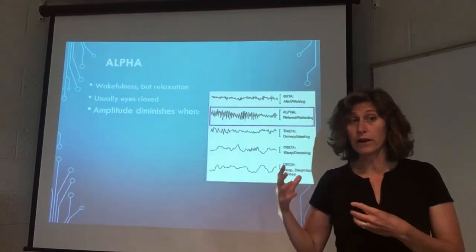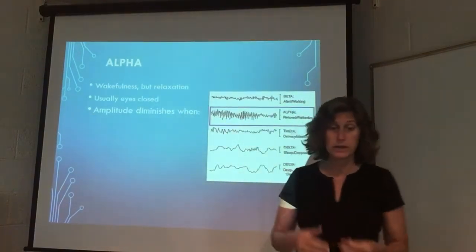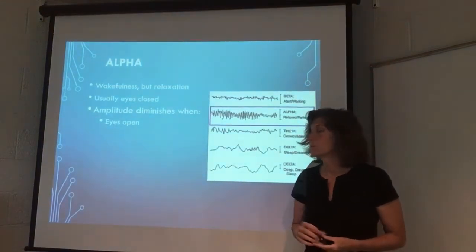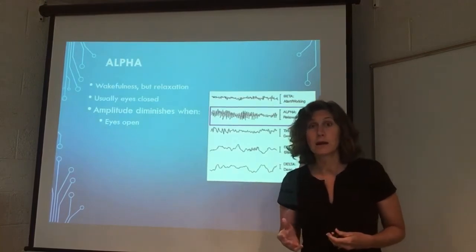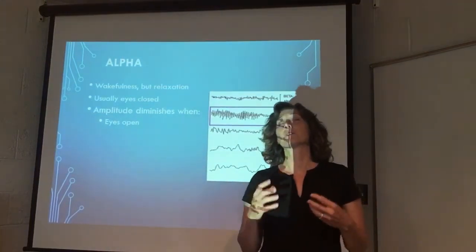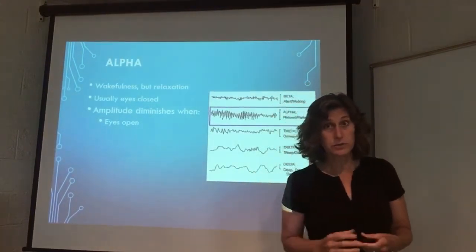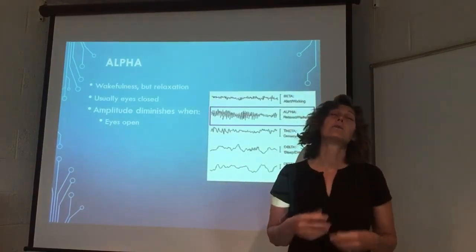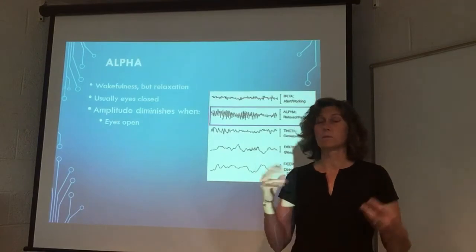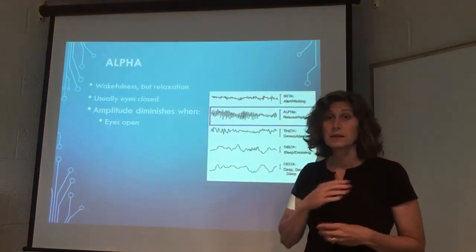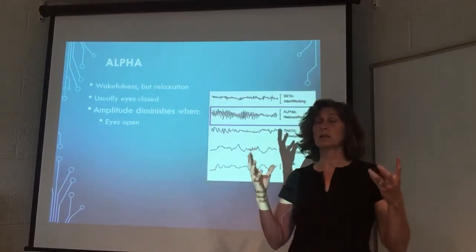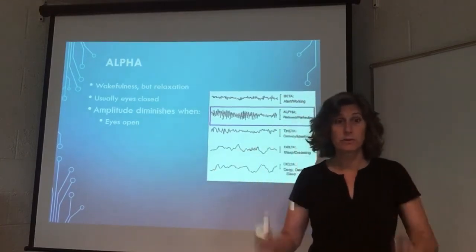The amplitude of the alpha can then be diminished when the eyes are open. This is often called alpha block. If somebody's in alpha with their eyes closed, and you're measuring them, which is something you're going to do in the lab in this module, and then you're required to open your eyes, all of a sudden alpha is blocked. You revert to beta activity because you're suddenly alert and aware of your surroundings again.